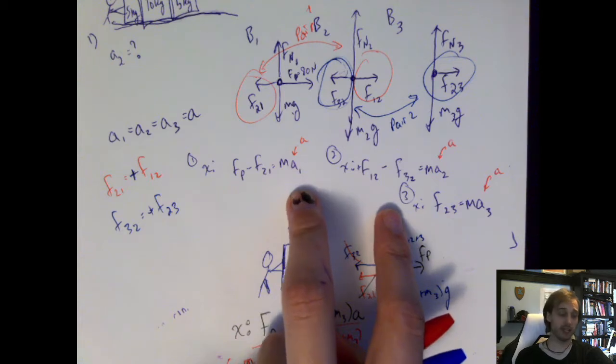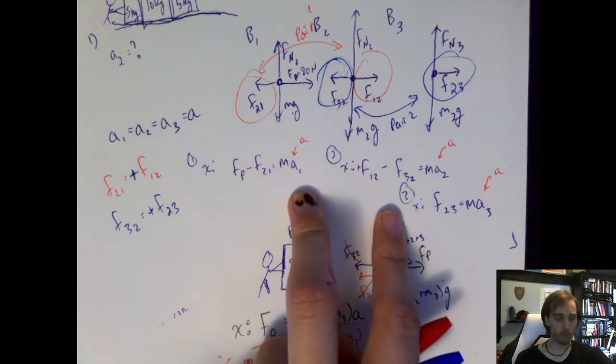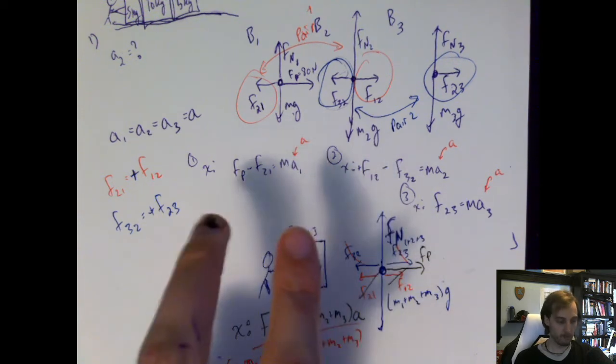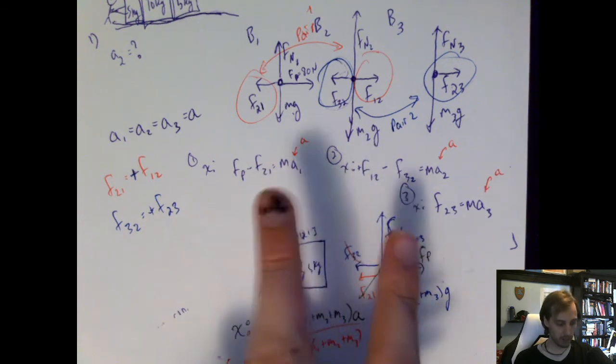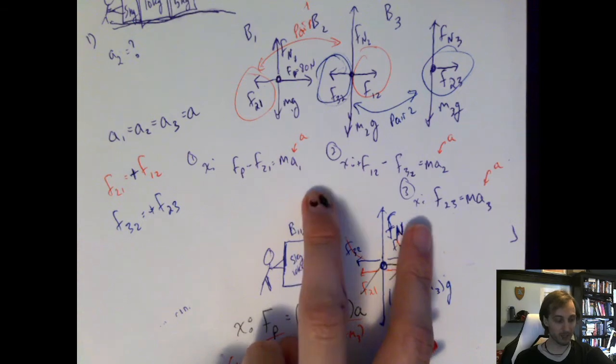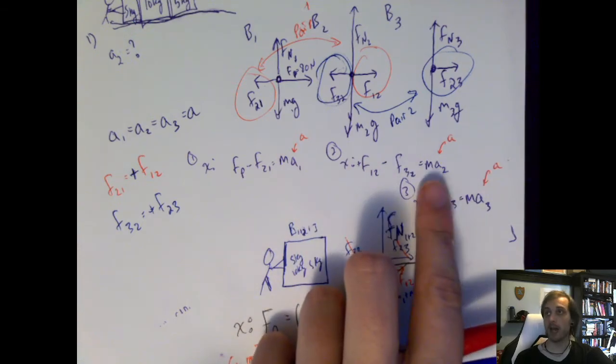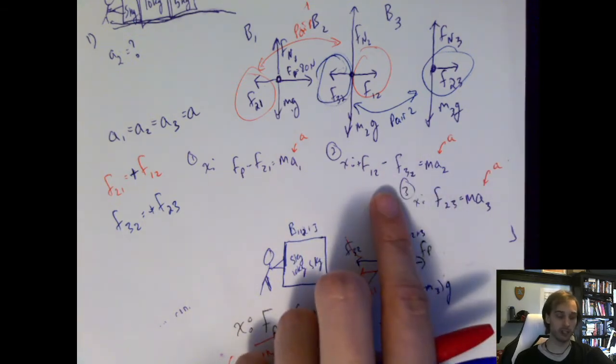And so what you can do to find the internal forces that are being canceled out by treating it like a system is come up here and plug in that acceleration, and then use that acceleration with one of the individual equations to find one of those individual forces.